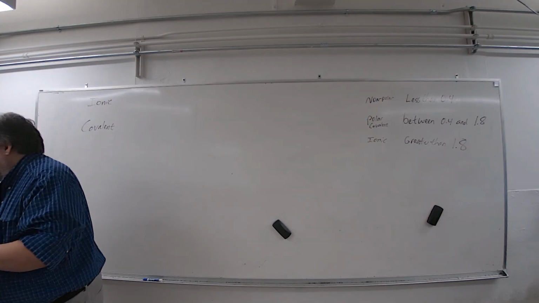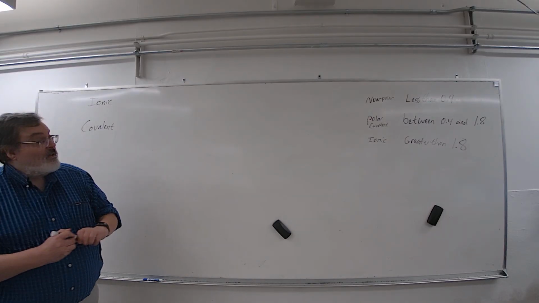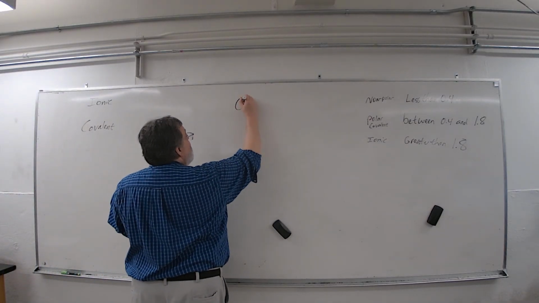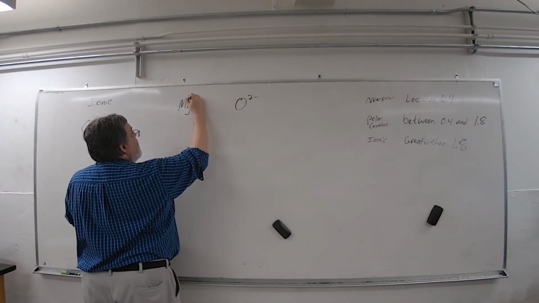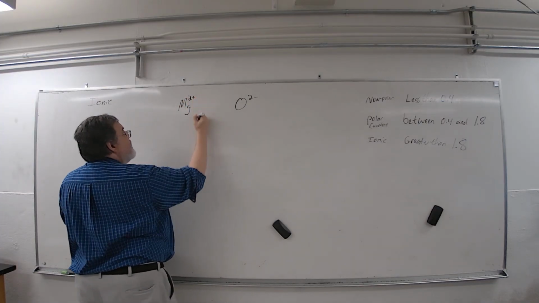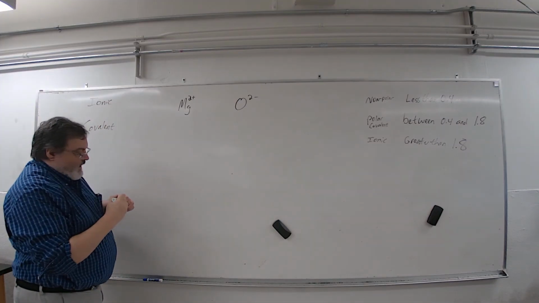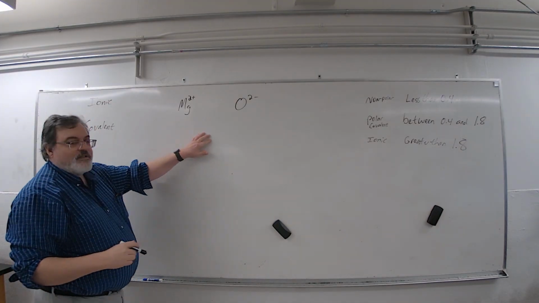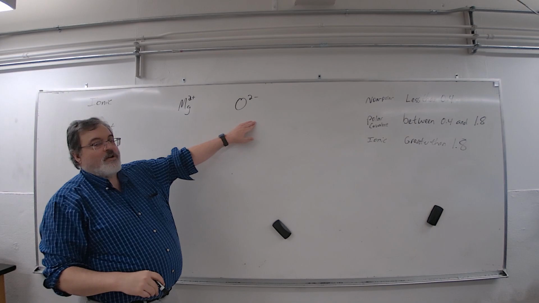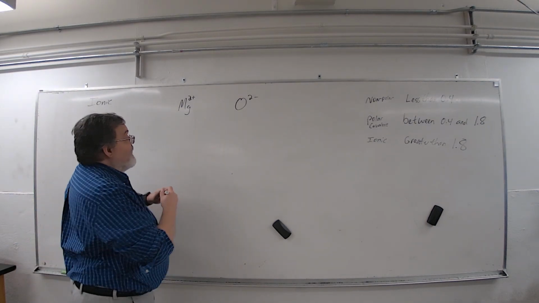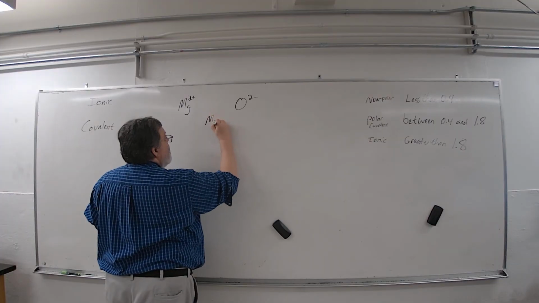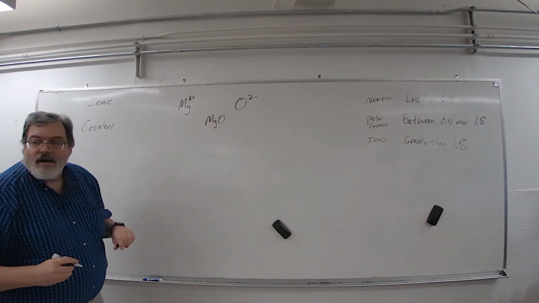All right. So if you have oxygen and it's -2, you have magnesium and it's +2. It's sort of like magnesium has lost its 2 electrons, and let's say they landed on the oxygen. Those two become attracted to each other, and you get MgO. That's an ionic compound.